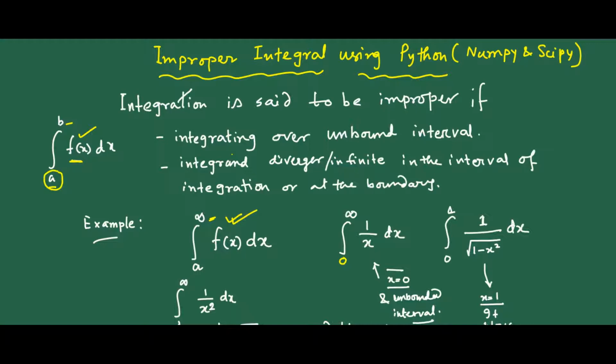And it might happen that the integrand, that means f(x), is divergent or infinite within the interval of integration, or at the boundary value. That means the integrand is infinite, diverges or blows up at the boundary value, either a or b, or within the limits of integration.